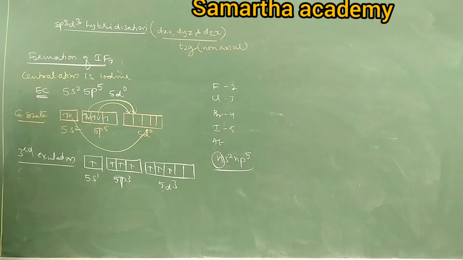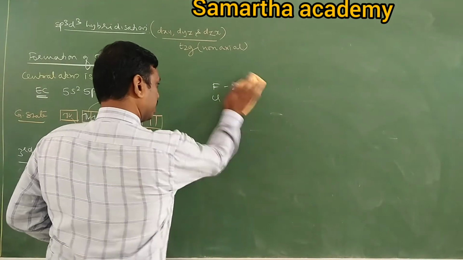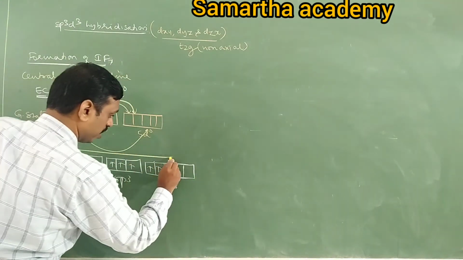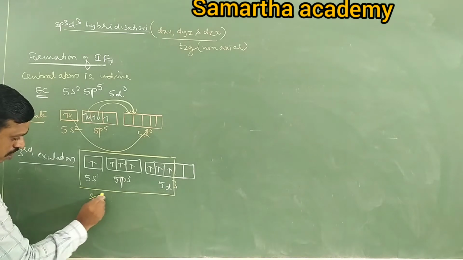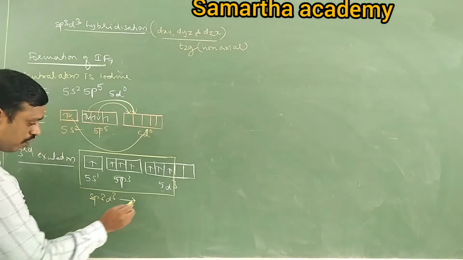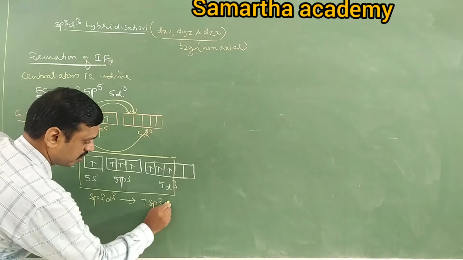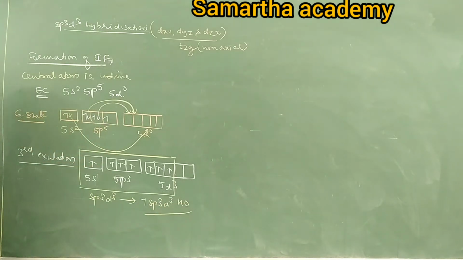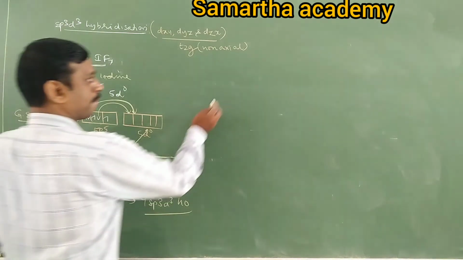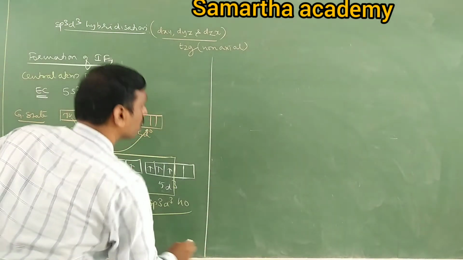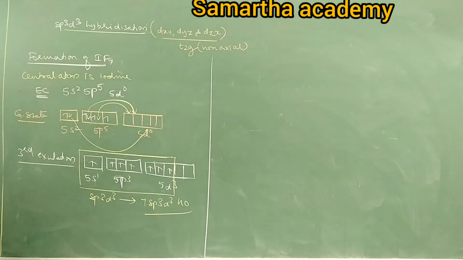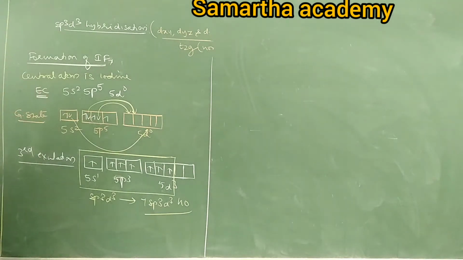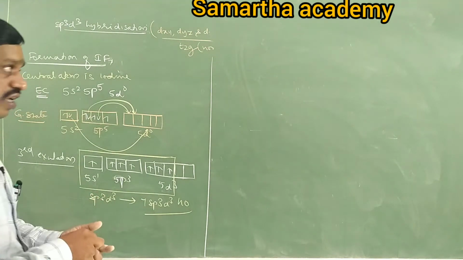In the third excitation state, it undergoes sp3d3 hybridization. It forms how many? Seven sp3d3 hybrid orbitals. If it undergoes sp3d3, it forms seven sp3d3 orbitals.